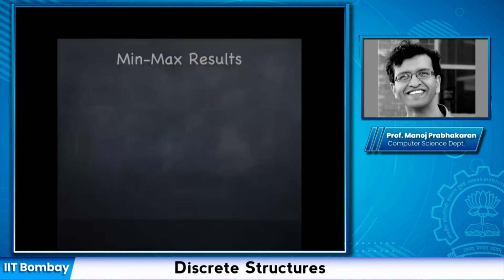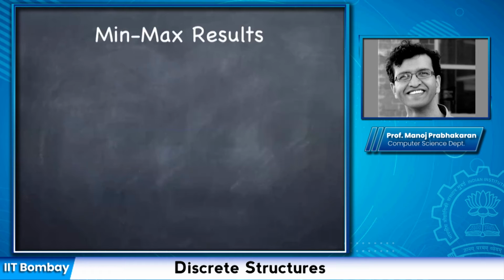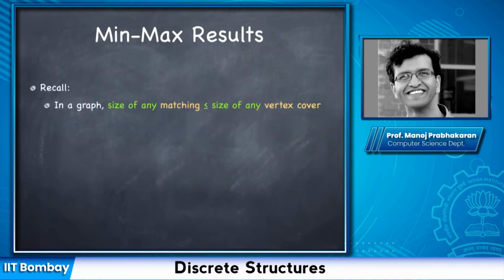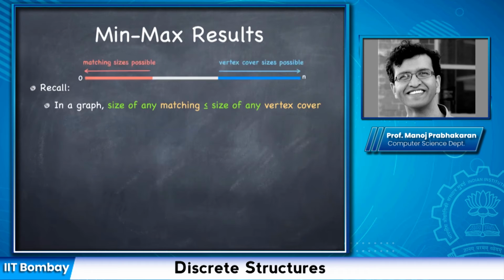To put it in context, we have seen a few results of a type that I would call min-max results. In particular, last time we saw that there is a relation between sizes of matchings and sizes of vertex covers. Namely, any matching gives a lower bound on the size of every possible vertex cover.